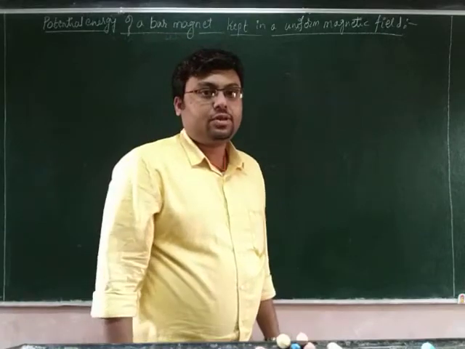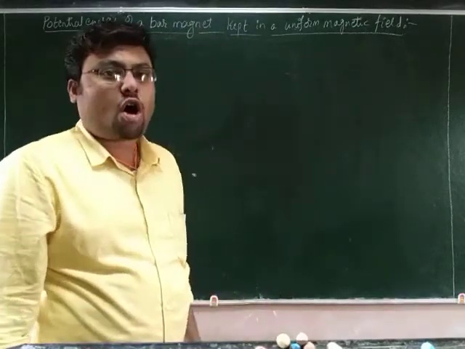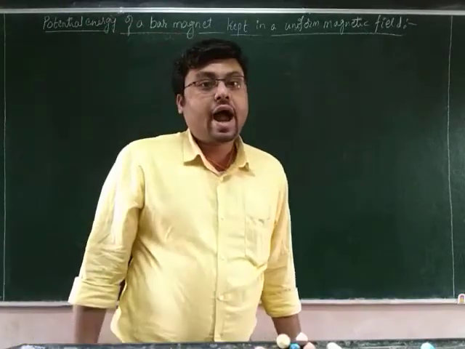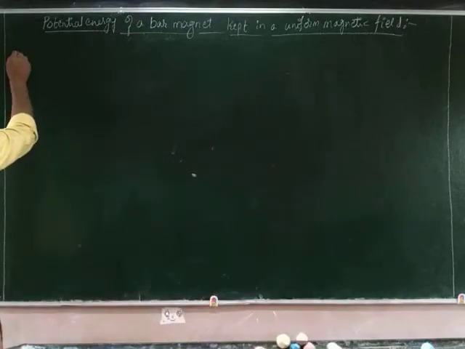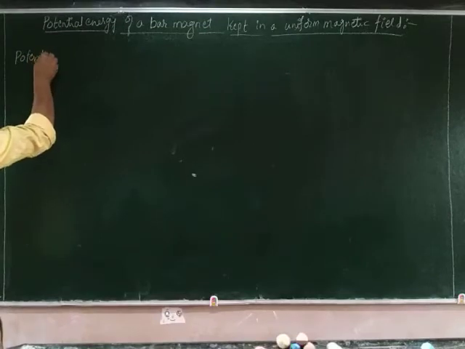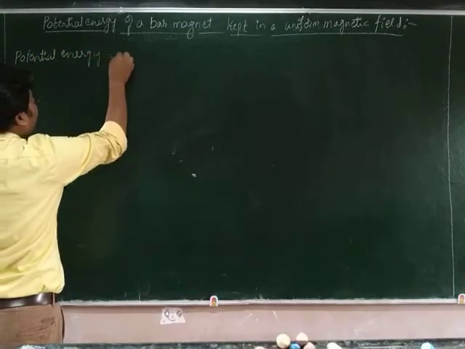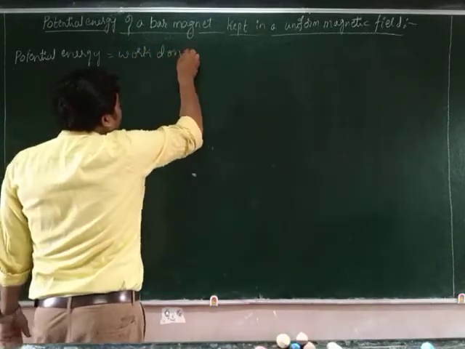So the work done will be, instead of force, we need to consider torque. In place of linear displacement, we need to consider angular displacement. So first, we know that potential energy is equal to work done.